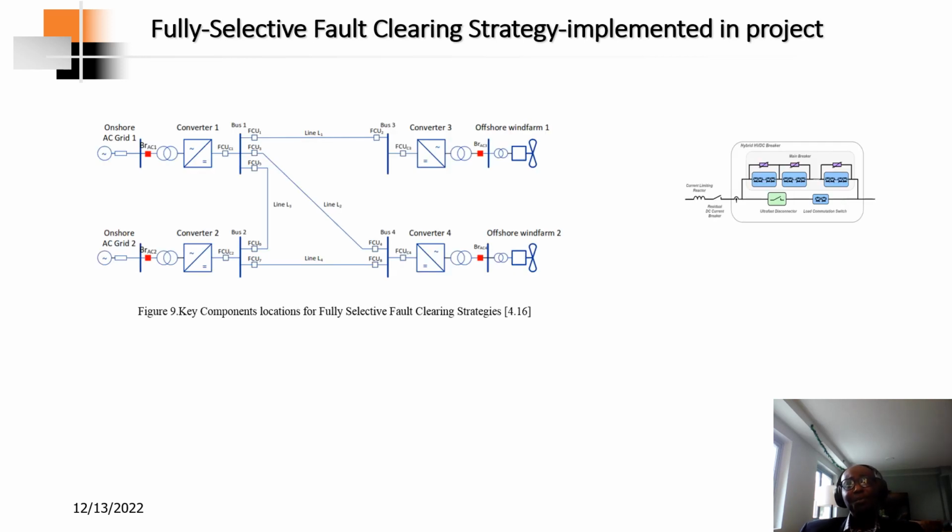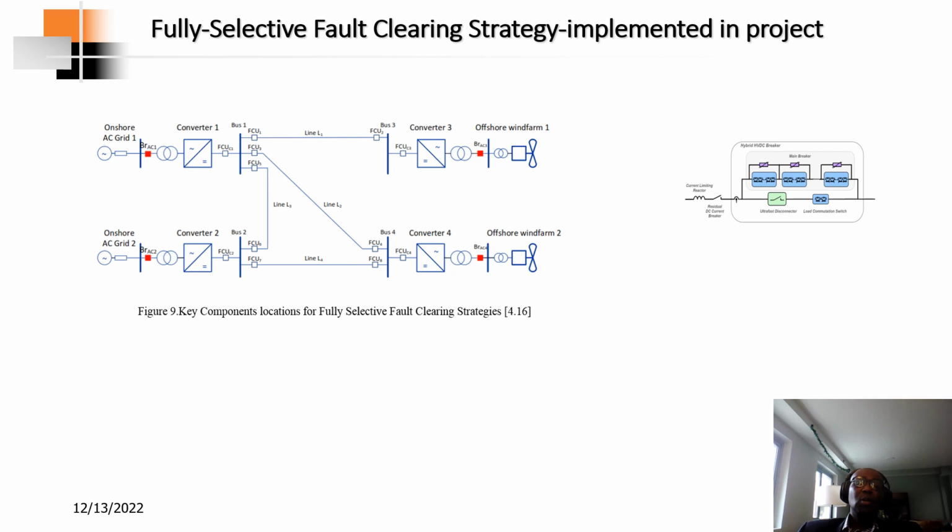Now, I made mention of a fully selective fault clearing strategy, and that is what I'm utilizing for this. For this model, I'm putting the hybrid DC circuit breaker at each end of this DC transmission system.